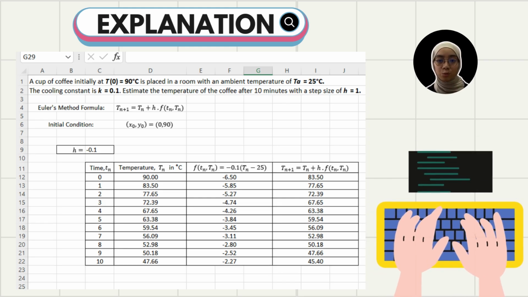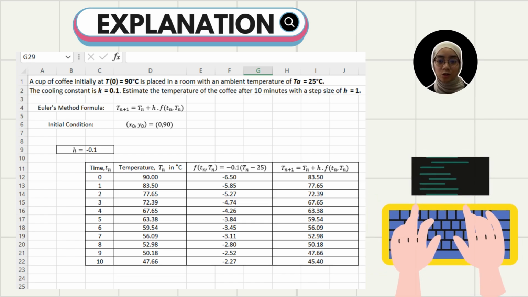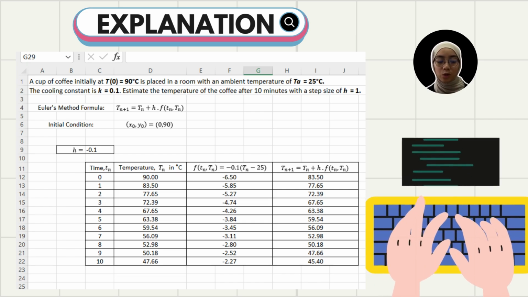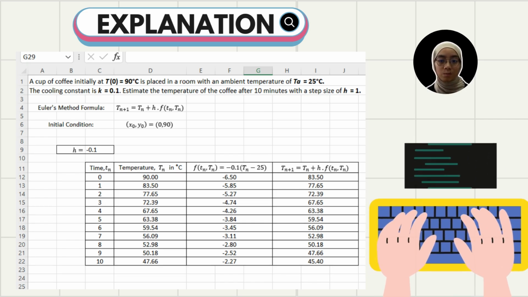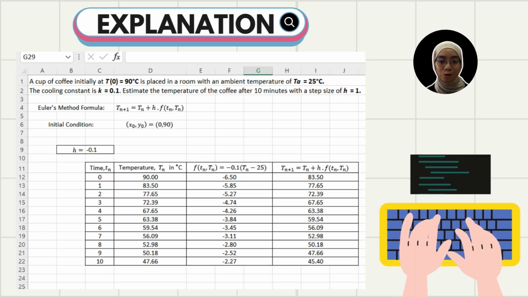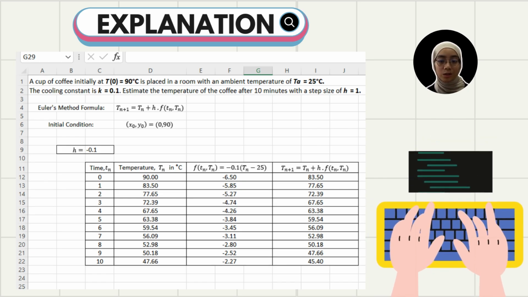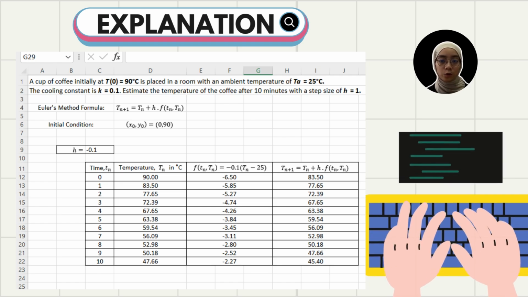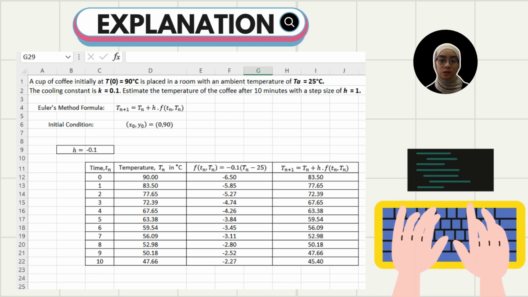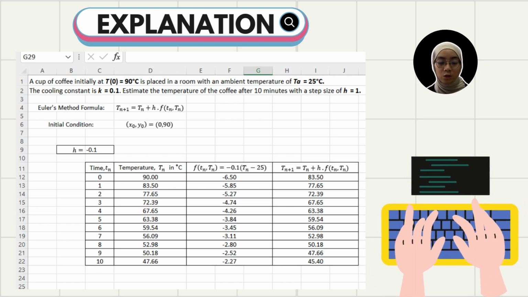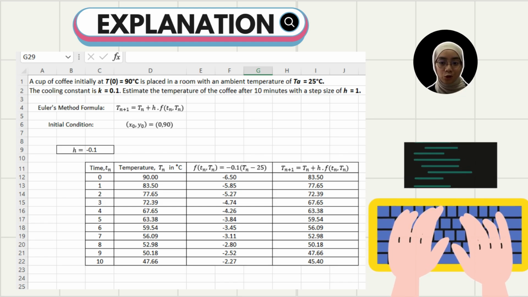Here, Euler's method provides a way to estimate the solution to differential equations through an iterative formula, which is T_{n+1} equal to T_n plus h times f(t_n, T_n), where the function represents the rate of change of temperature.